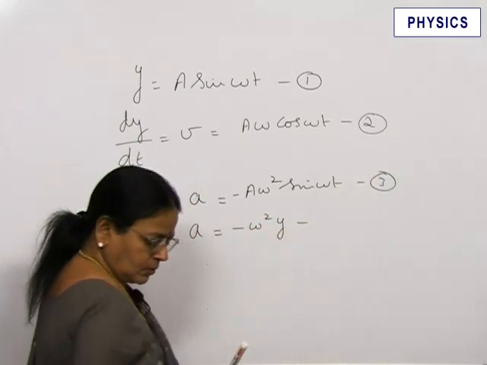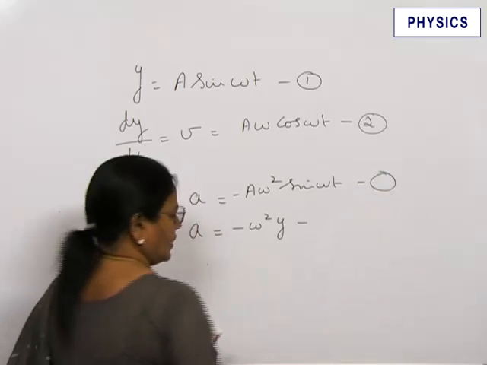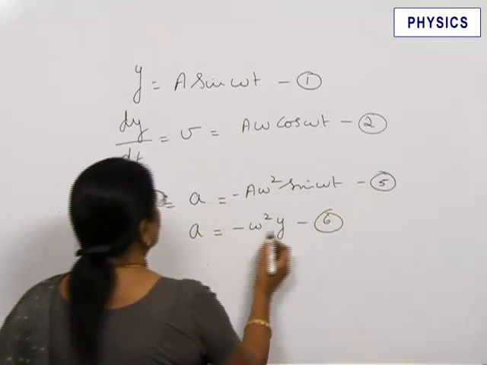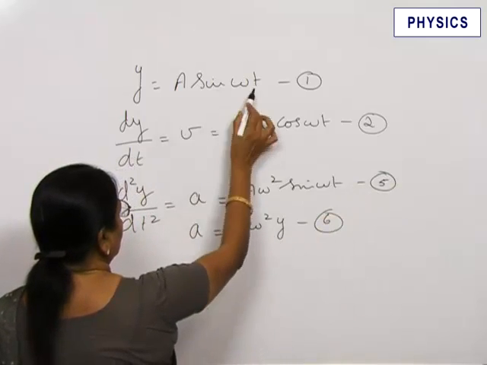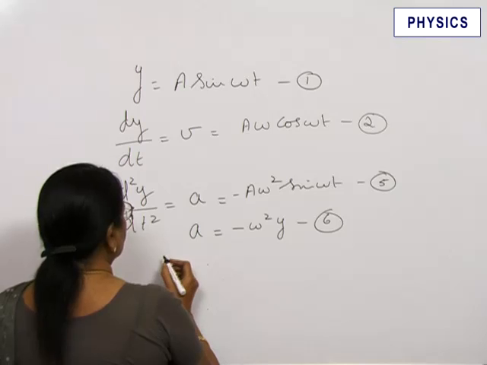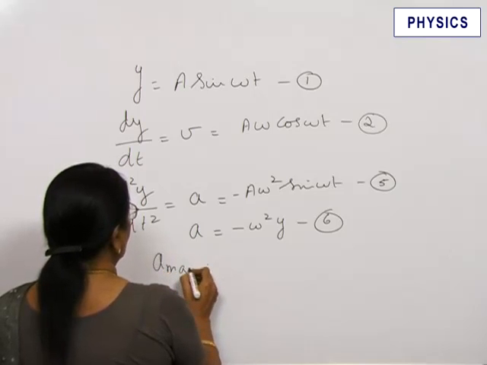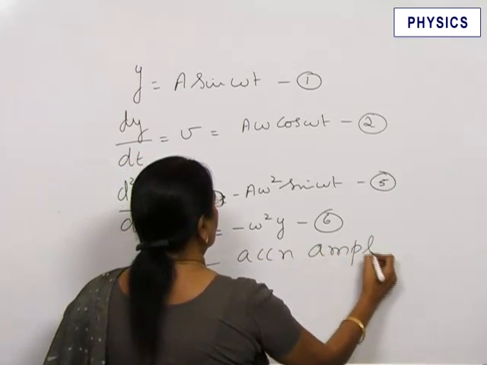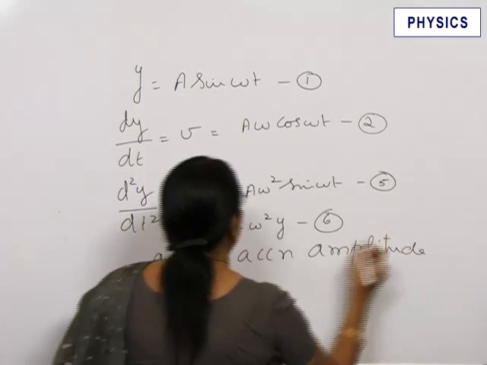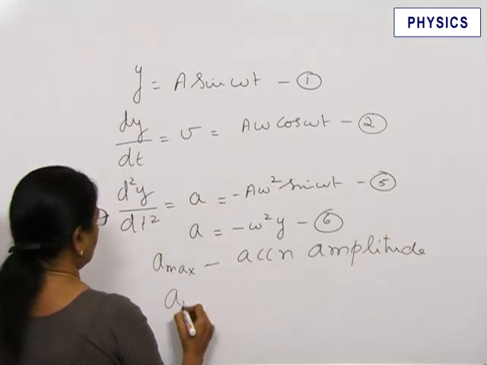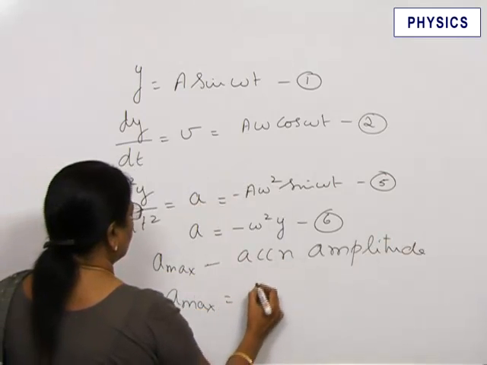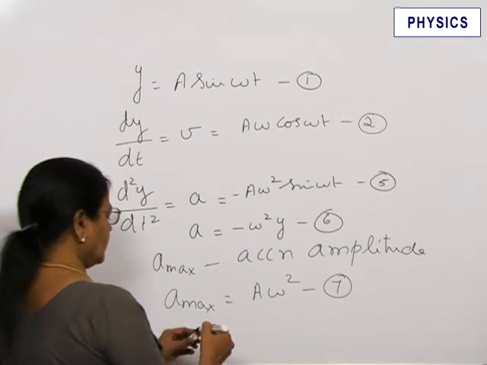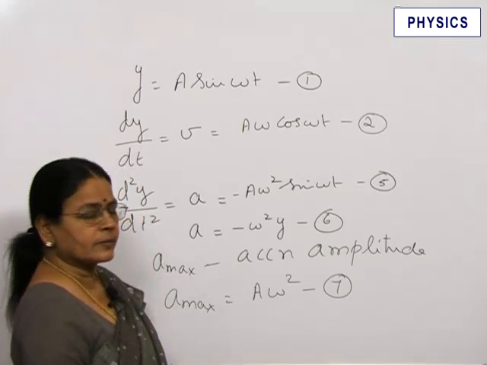This is equation 5 and 6. A maximum is called the acceleration amplitude. And from this expression, A max is equal to A omega square.